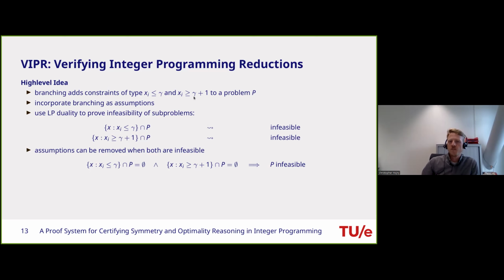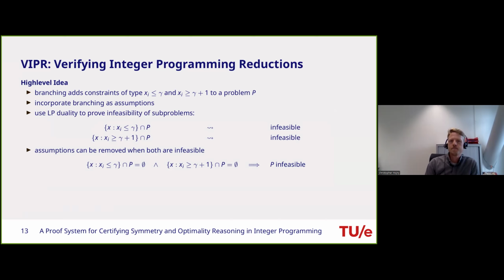And this is a valid branching decision because I know that in between this interval, gamma and gamma plus 1, no feasible solution exists that achieves a value in between these two numbers, because we are dealing with integer variables. And the idea of the Viper proof system is to incorporate such branching decisions into a certificate by so-called assumptions.